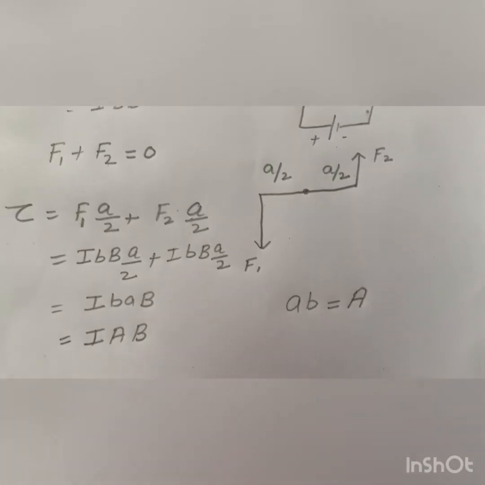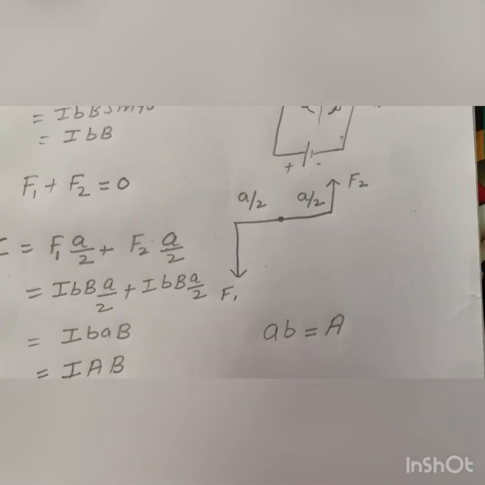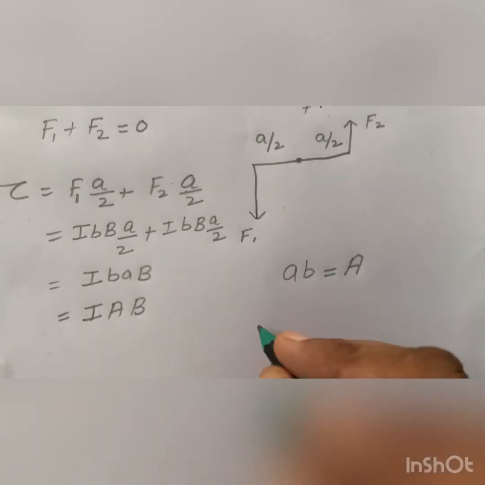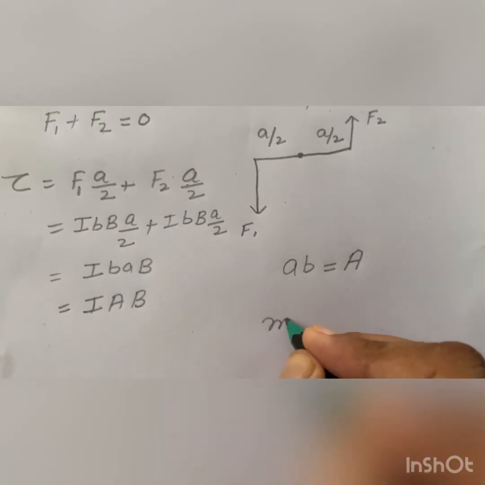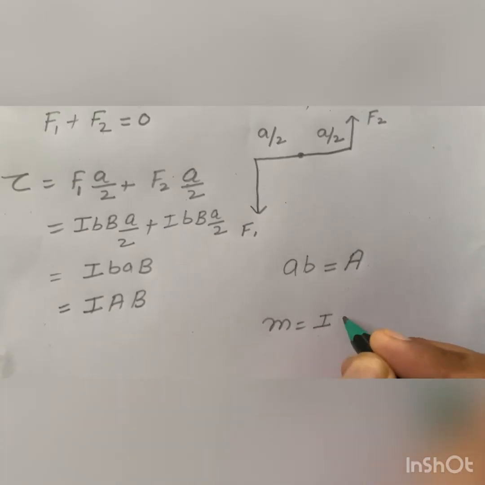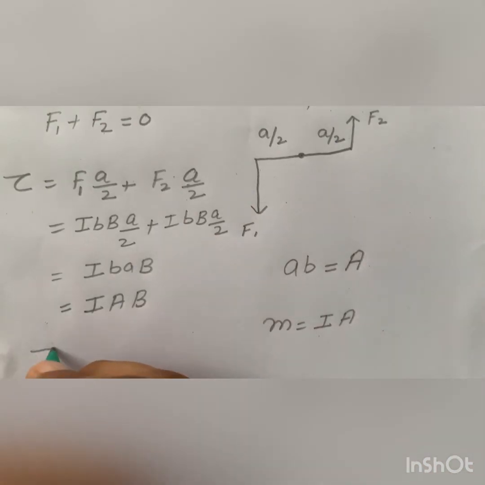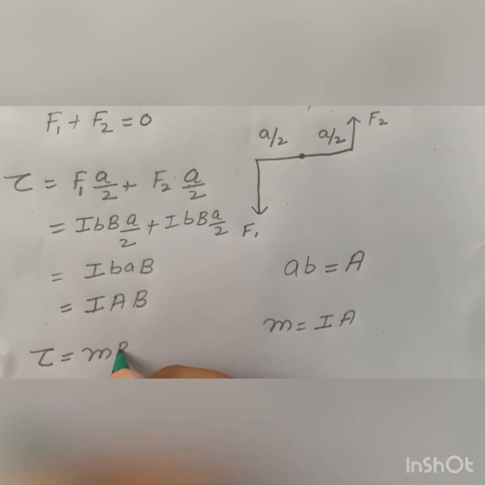Here we define another term, the magnetic moment of the coil, given by M equal to current into area of the coil. So we can say torque equal to M B.